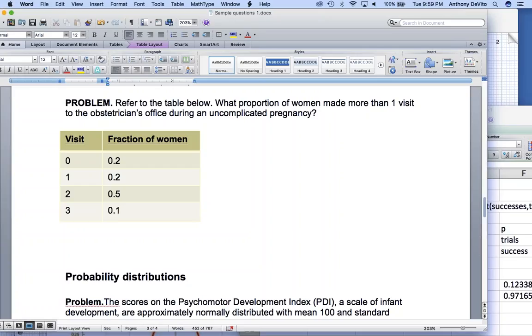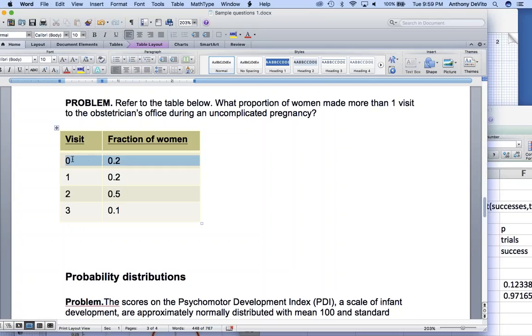Conditional probability: given that the woman has visited her obstetrician, what's the probability that she went 3 or more times? It looks like 10%, doesn't it? It's the probability that any woman in this population, even the ones who didn't visit their obstetrician, visited 3 times, is 10%. Given that she saw her obstetrician at all, what's the probability that she went 3 times?